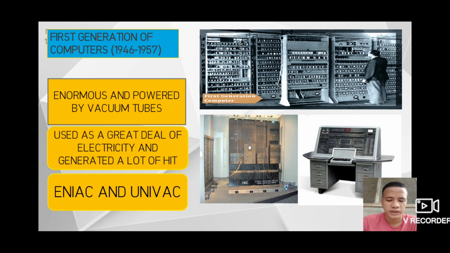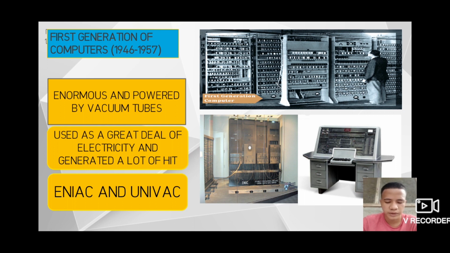It was designed principally by J. Presper Eckert and John Mauchly, the inventors of the ENIAC also. So the ENIAC and UNIVAC were invented by two persons, J. Presper Eckert and John Mauchly.